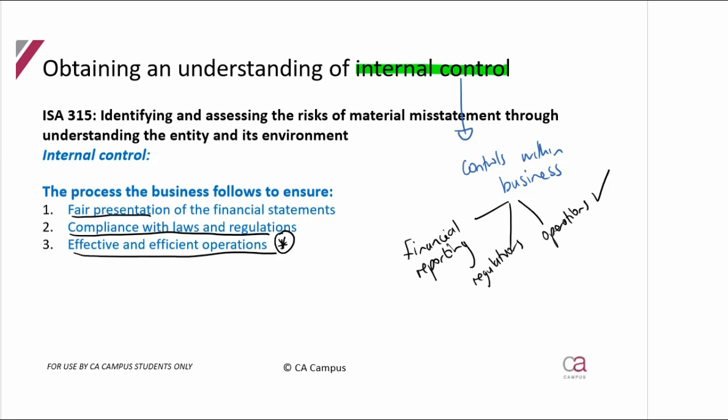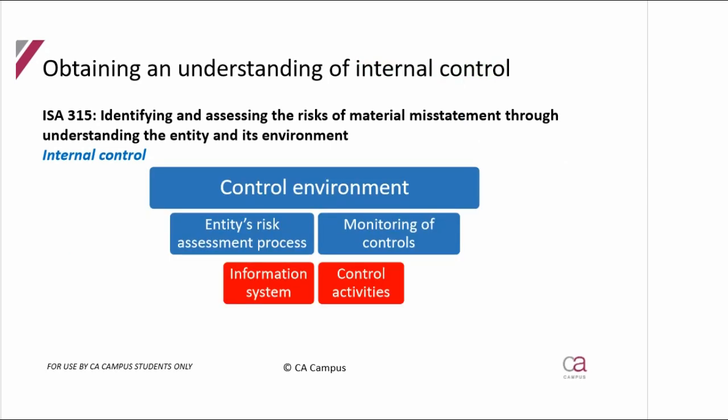Guys, internal control is broken into 5 categories. Control environment, the entity's risk assessment processes, monitoring of controls, the information system, and control activities. Those are the 5 components of internal control. If you were trying to break internal control up into sections so that you could understand it a little bit better.